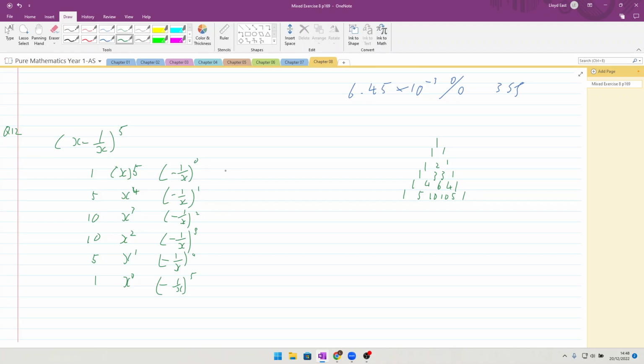Okay, so that gives us x to the power 5, 5x to the power 4 as a minus divided by the x, okay, which gives us minus 5x to the 3.